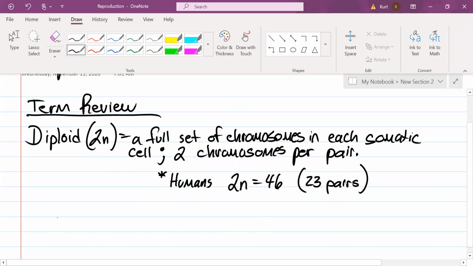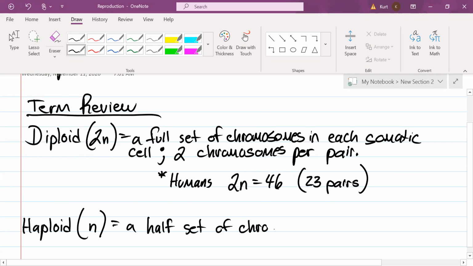Now, diploid is a full set of chromosomes. Haploid is a half set of chromosomes in a gamete.